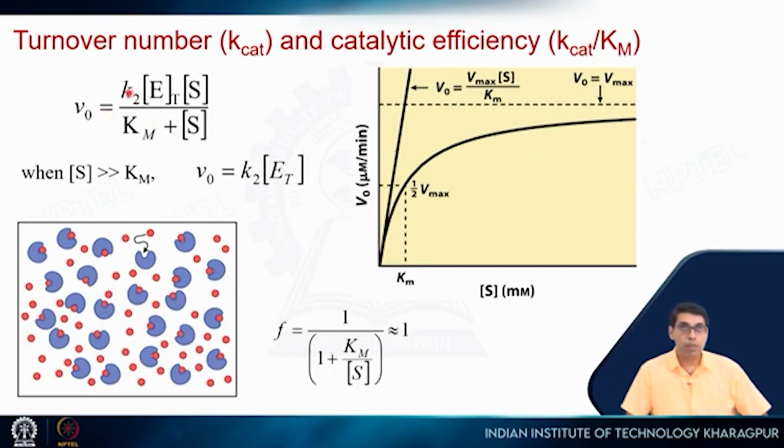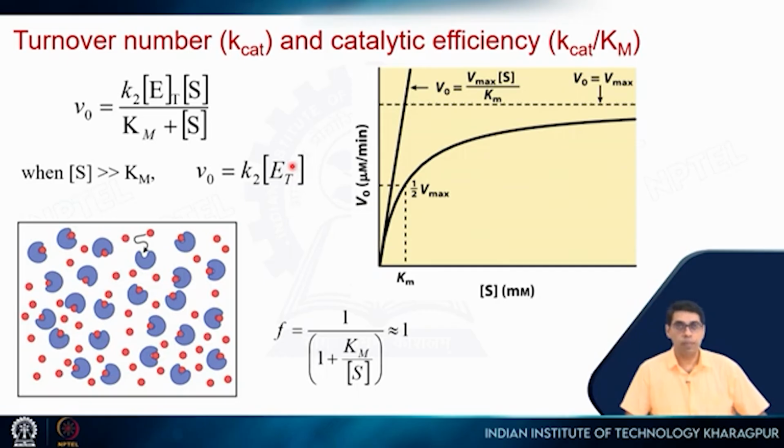So let's look at the Michaelis-Menten equation here. Remember that K2 times E total is Vmax, so we can either write it as Vmax or we can break it down as K2 times E total. When the substrate concentration is much greater than Km, we can ignore Km, so the denominator will be S. These two cancel out and V naught will be equal to K2 times E total, which means that the rate of velocity is independent of the substrate concentration.